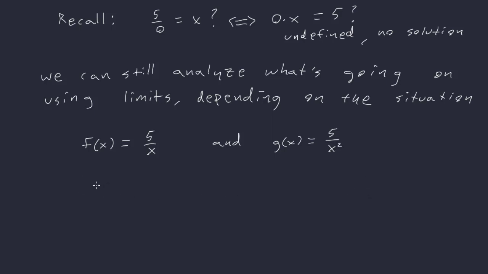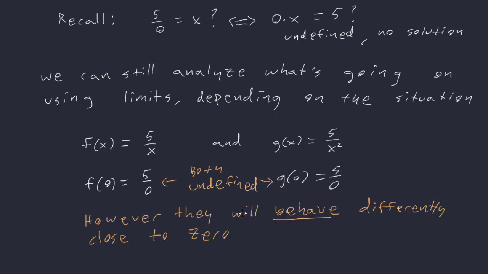Then if we try and look at f of 0, that's going to give us 5 over 0. And g of 0 is also 5 over 0. However, right, so these are both undefined. However, they're going to behave differently around 0.